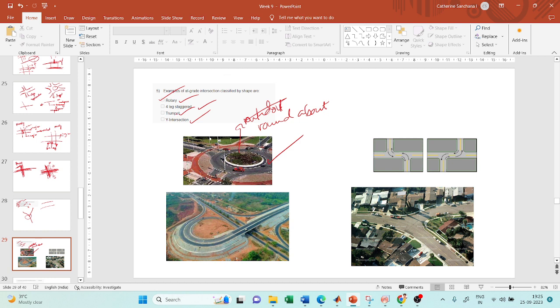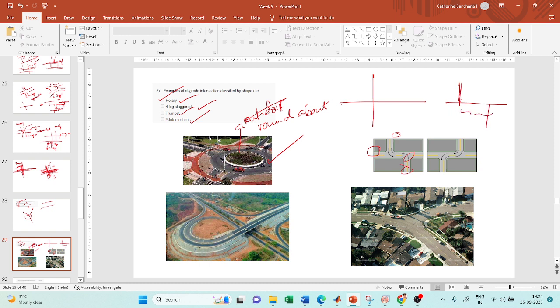A four-leg staggered intersection. So what is a four-leg staggered intersection? Do you see four legs here? One leg, two, three, four. You have four legs here. But instead of these two roads crossing exactly like this, you are staggering the cross.